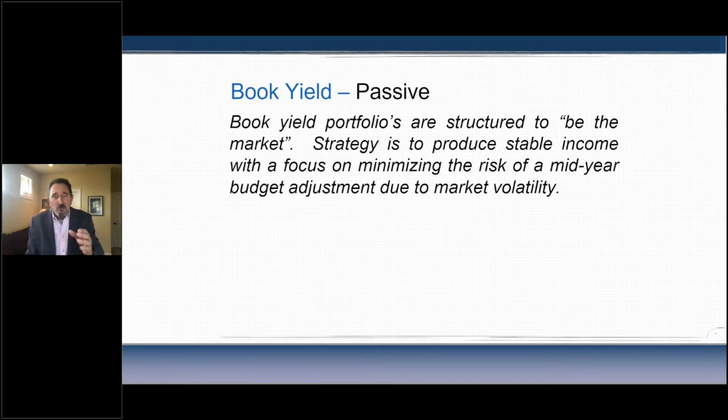So for instance, when you go to construct this portfolio and budget plays a role, you want to construct a portfolio with a duration at least as long as the budget cycle, probably 12 months plus 6 months, so around 18 months, so that should markets change, interest rates go up, interest rates go down, the cash flow from the portfolio has minimum volatility given those small moves in interest rates throughout the budget cycle. Obviously, you can't plan for a 150 basis point move one way or another within a 12-month cycle.